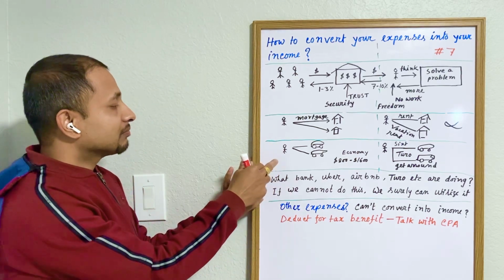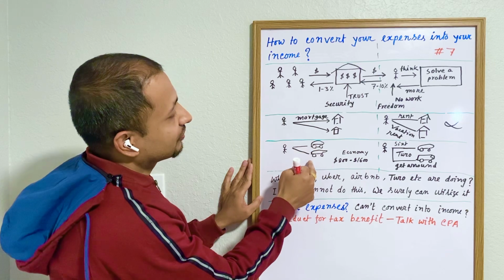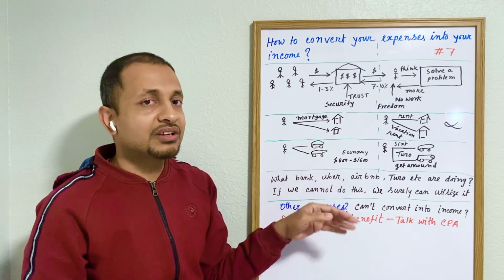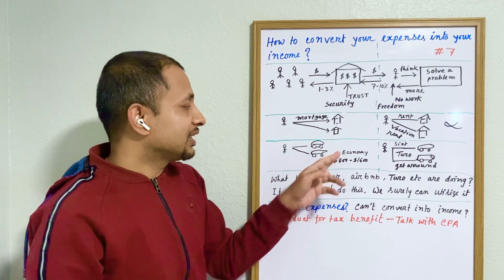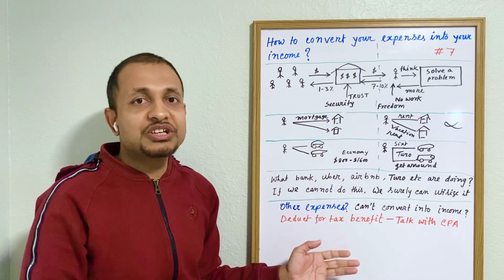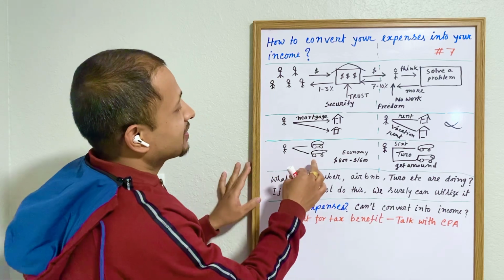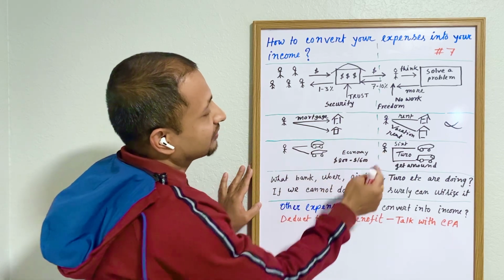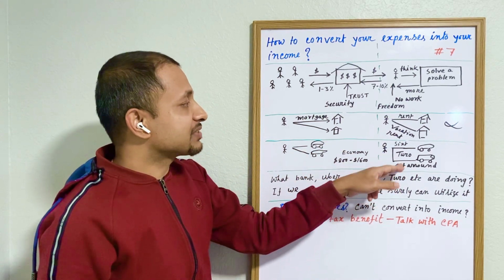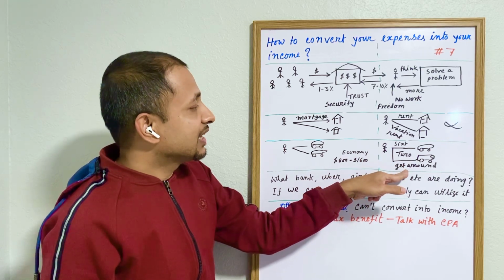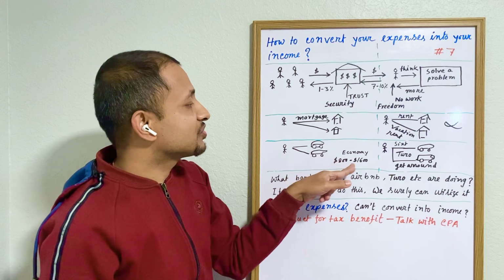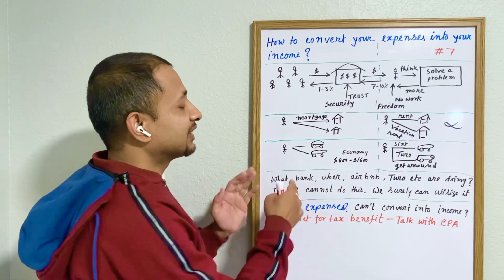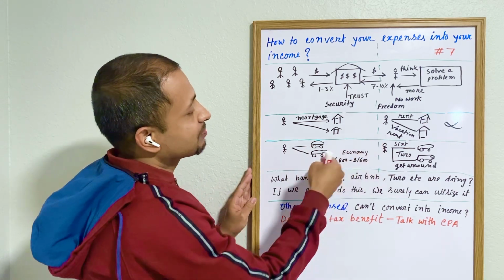Someone over here gets a car. Now he has a monthly payment, let's say about $500 or $400, whatever it is. I'm just talking about economy cars for calculation simplicity. When he does not use this car, he can share his car on car-sharing apps like Turo or Getaround, and can get about $800 to $1,600 depending on when and how he's sharing, and what fee this person is paying.